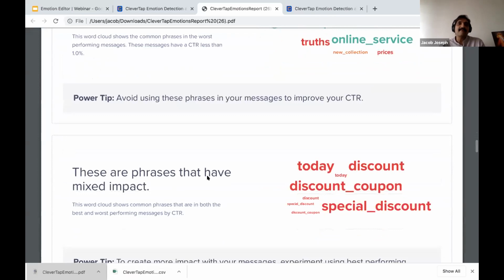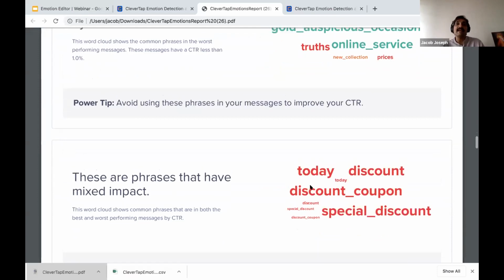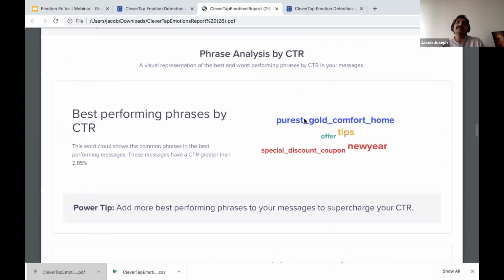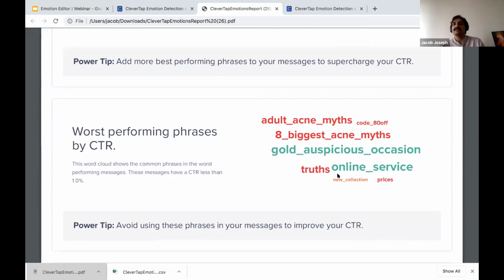And these are phrases which have occurred both in the top and the bottom 25 percentile, because there are cases wherein you are running certain campaigns on a regular basis, and sometimes these phrases have occurred in campaigns in the top 25 percentile, and sometimes also in the bottom 25 percentile. Whereas these have occurred only in the bottom 25 percentile, and these only in the top 25 percentile. So these guys are consistent performers. These guys are consistent losers.